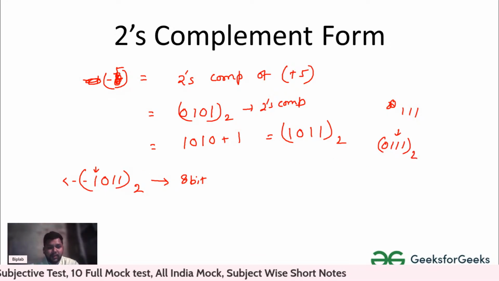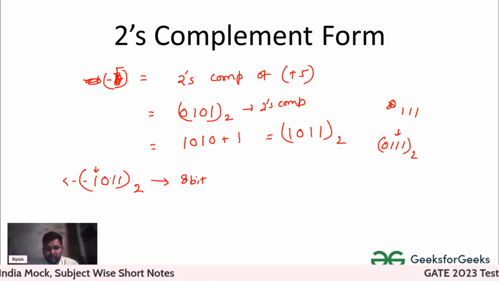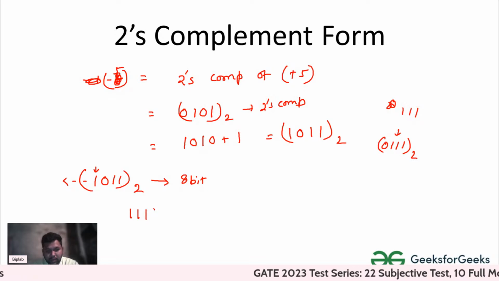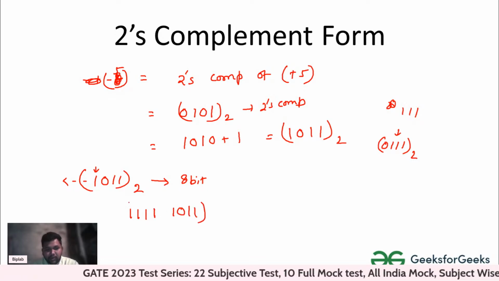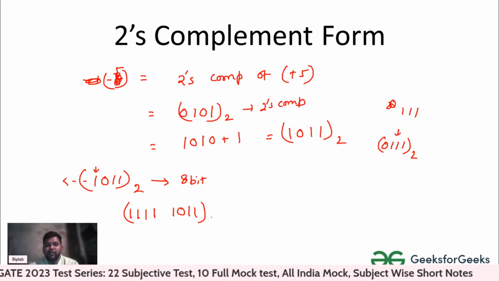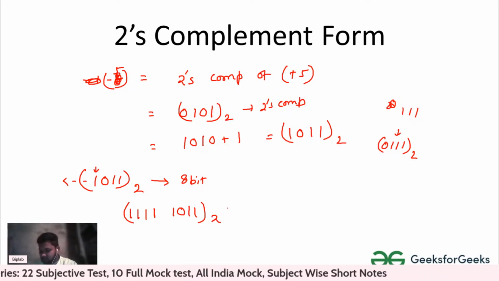But here, since it is a signed number, you will extend the sign bit. The sign bit is 1, so to store it in 8 bits you extend 1s, giving 11111011. This will be your number in 8-bit storage.